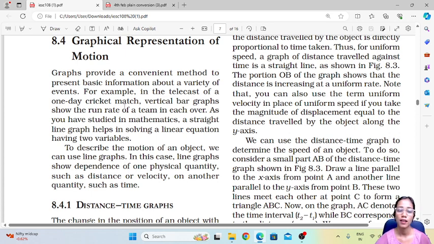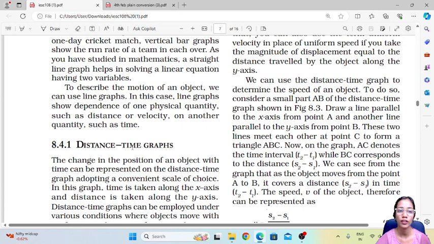For example, in the telecast of a one-day cricket match, vertical bar graphs show the run rate of a team in each over. As you have studied in mathematics, a straight line graph helps in solving a linear equation having two variables. Similarly, to describe motions of an object, we can use line graphs.